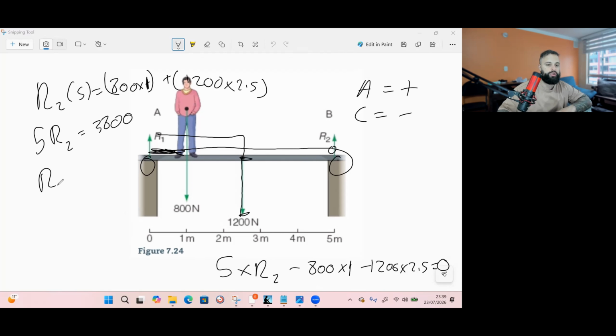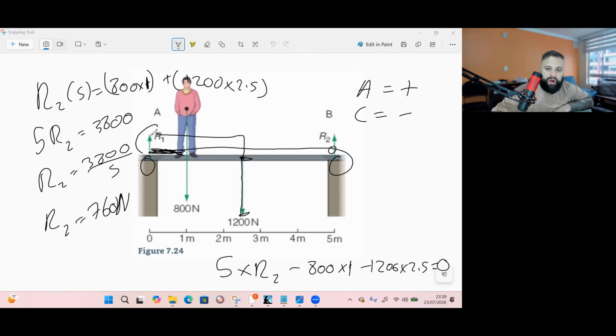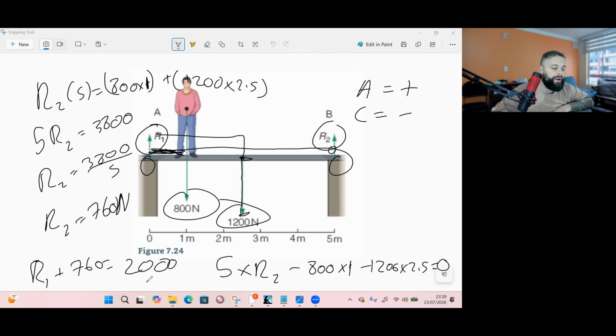Then R2 is equal to 3,800 divided by 5, so R2 is equal to 760 newtons. Now, we know that R1 and R2 should add up to all the downward forces, which in this case is 2,000 newtons.